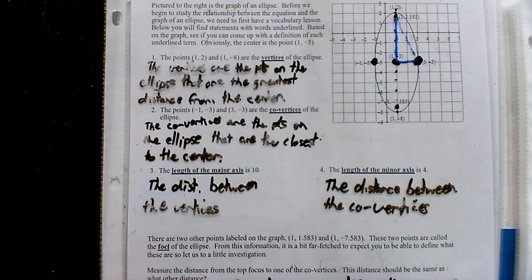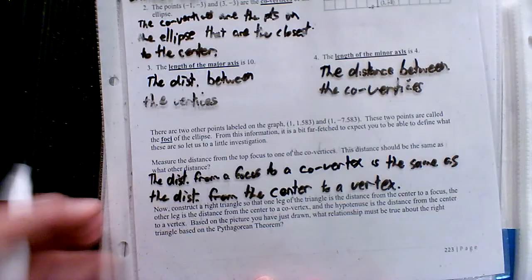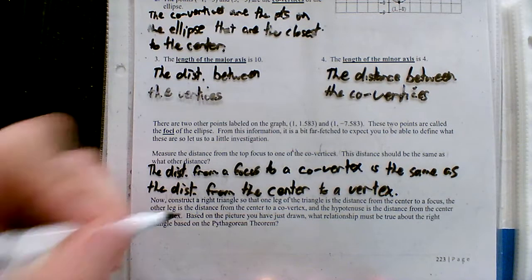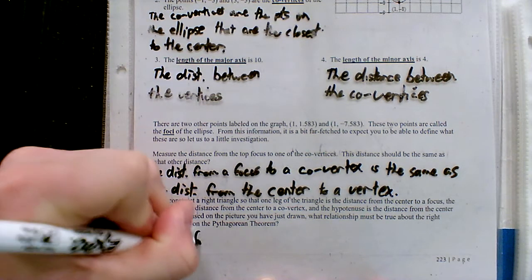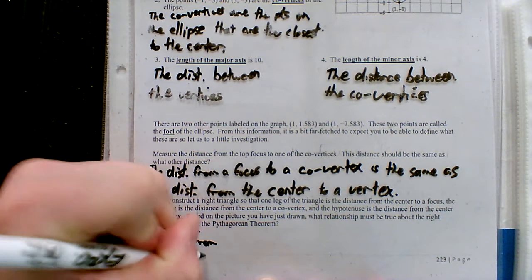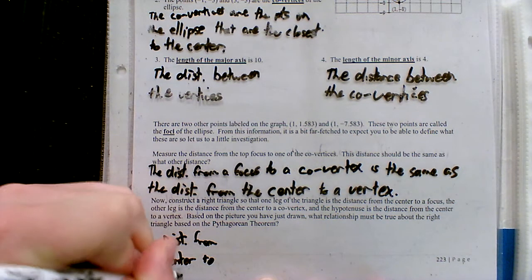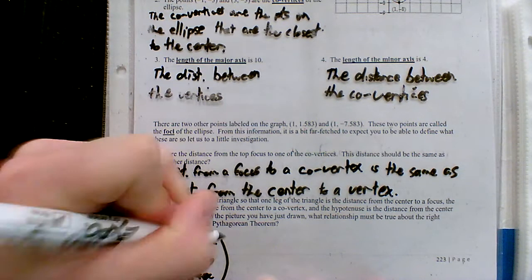So we're going to write out the Pythagorean theorem in words. So let's think about it at the bottom. So it says, based on the Pythagorean theorem, distance from center to co-vertex, that's one quantity squared.